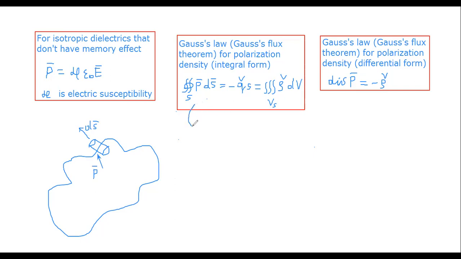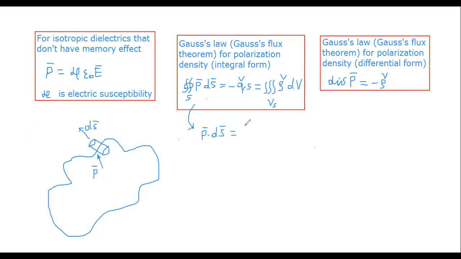According to this, we have P multiplied by dS. There is no integral because the closed surface is infinitely small.